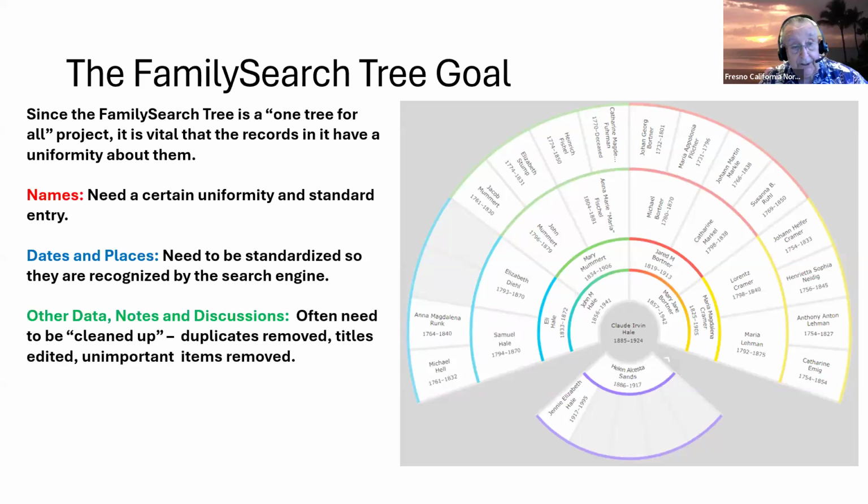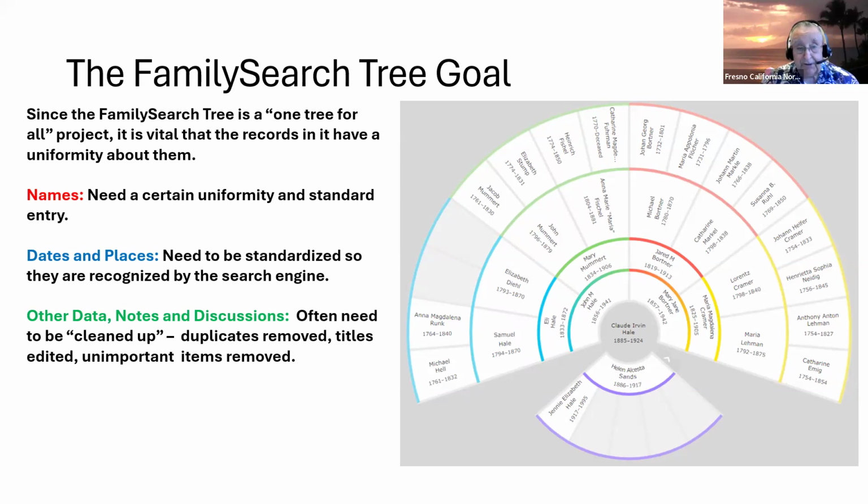Then there's the other data section on the person page, and also notes and discussions, that all can benefit from some cleanup, partly just to make the page look better, but also to make this whole system work better and to get rid of things that may be extraneous or duplicate.